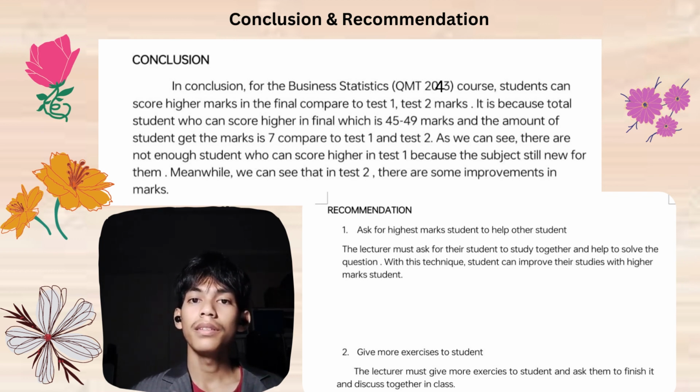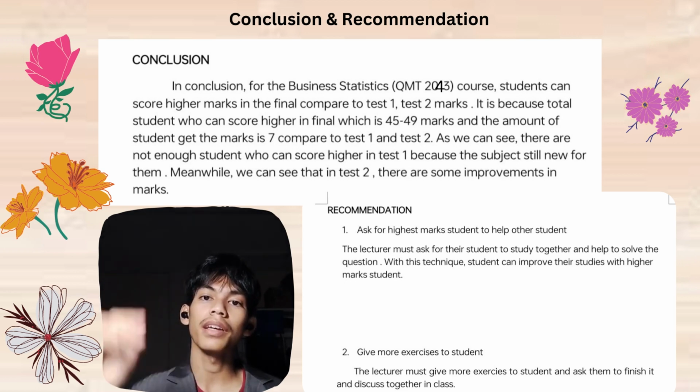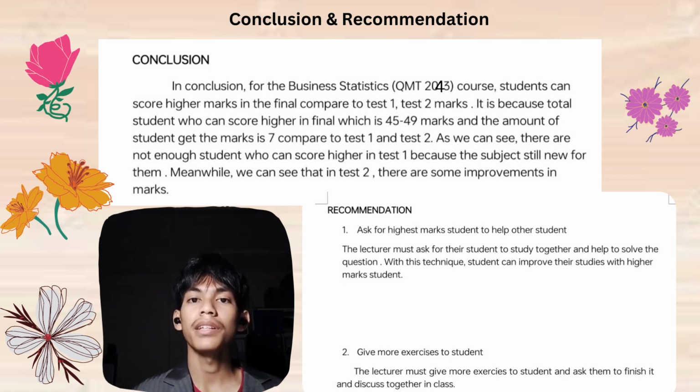As we can see, there are not enough students who scored higher in Test 1 because the subject is still new for them. Meanwhile, in Test 2, there is some improvement in marks.